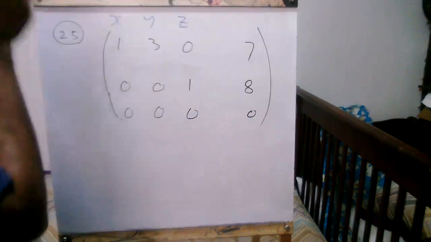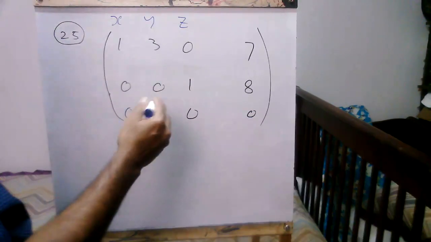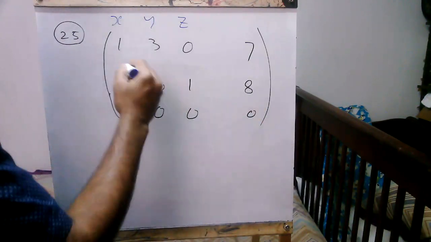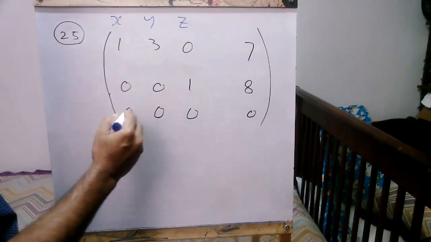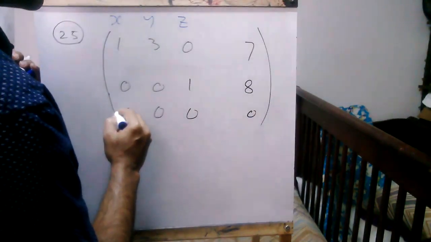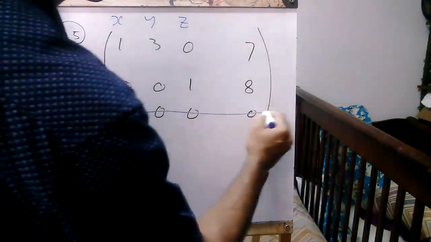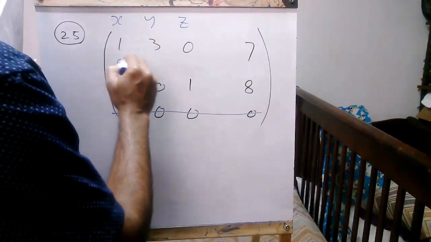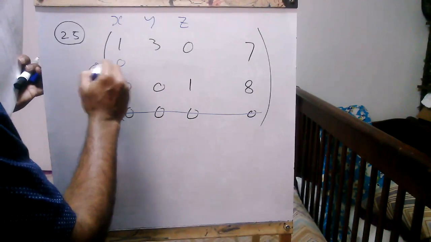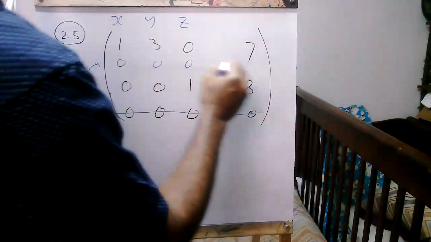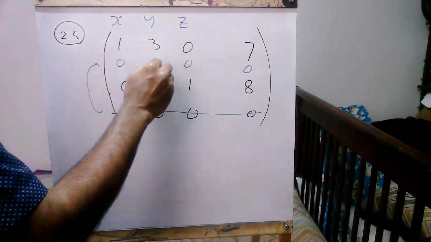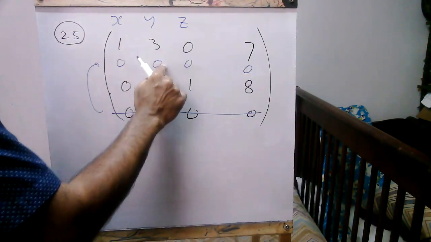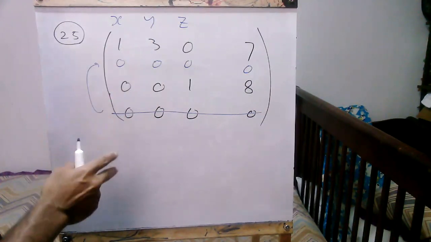Therefore, what we can do is assume this is here. This means we can swap these two rows. If you swap them, this crosses and it will go here. Means if you can figure out which one is missing, that's fine.